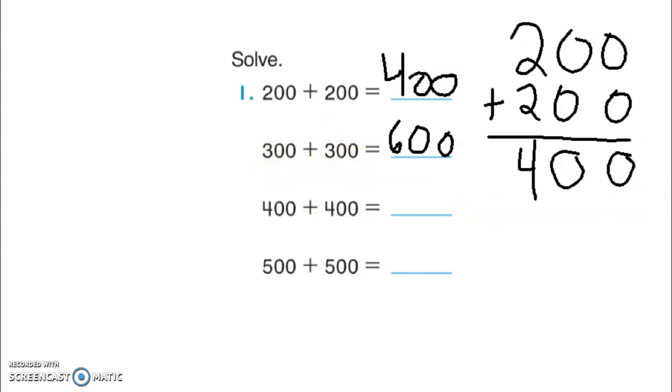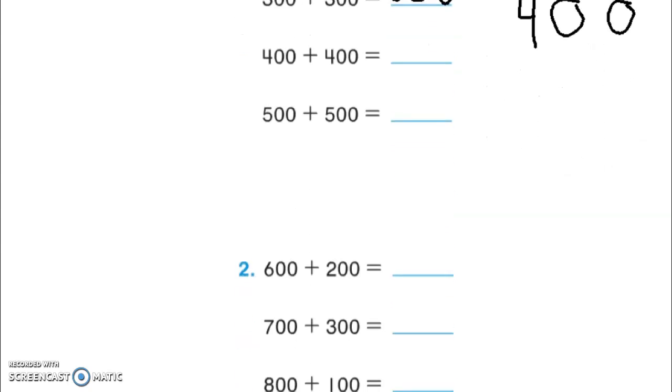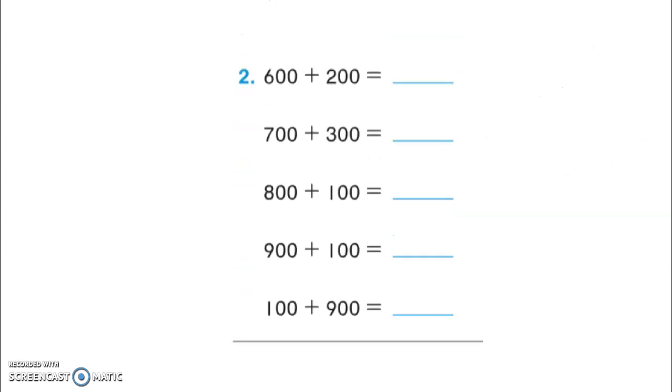Now when I scroll down, sometimes they won't be the same number. Here, let's skip down to 900 plus 100. 9 plus 1 makes 10, and then I still have to add 2 zeros. So I get 1,000.